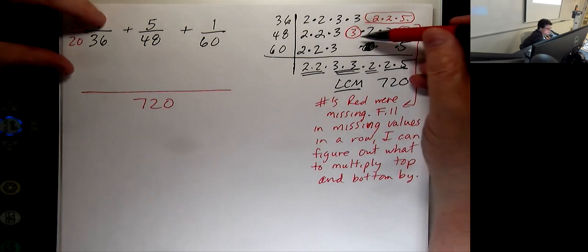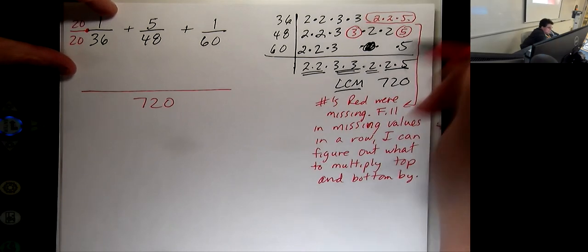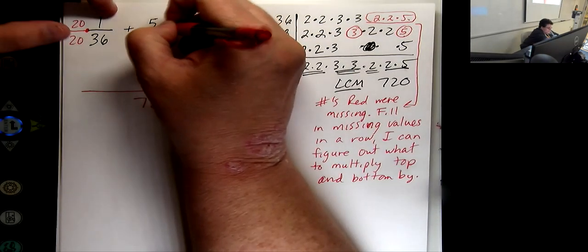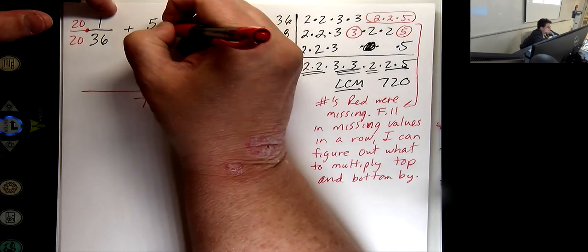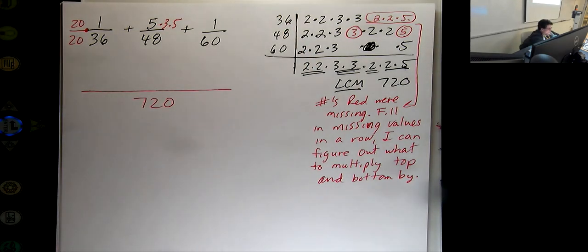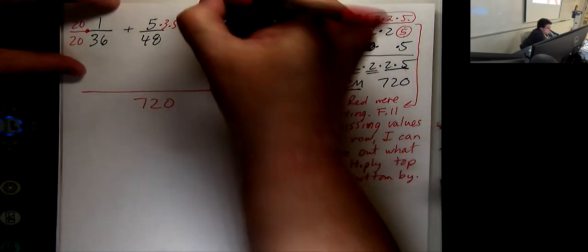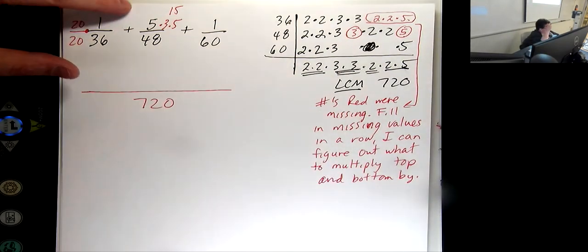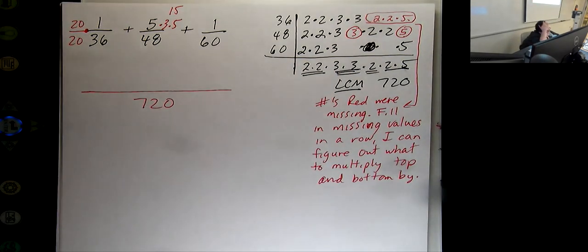So the 48 is 3 times 5, and I'm going to leave it as 3 times 5. We can put 15 if you want. The only reason he did that is because he knows what 5 times 5 is, which is 25, and 25 times 3 is 75. If you do that math, it's easier.